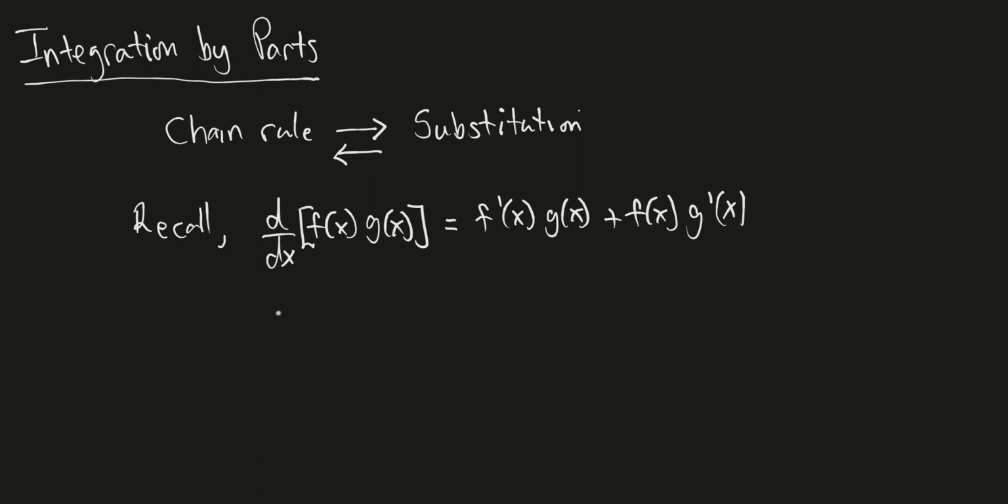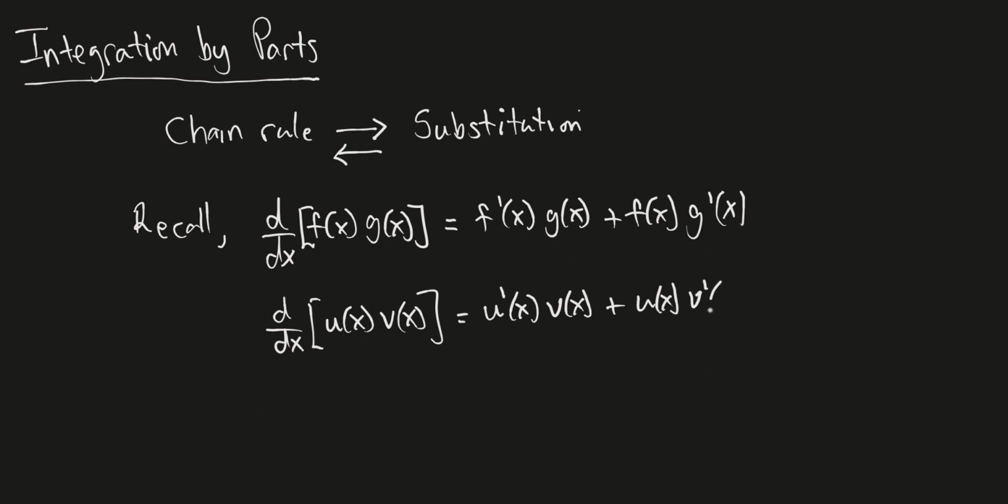Some people like to state the product rule in terms of U and V instead of F and G. So this would be U prime of X times V of X plus U of X times V prime of X.